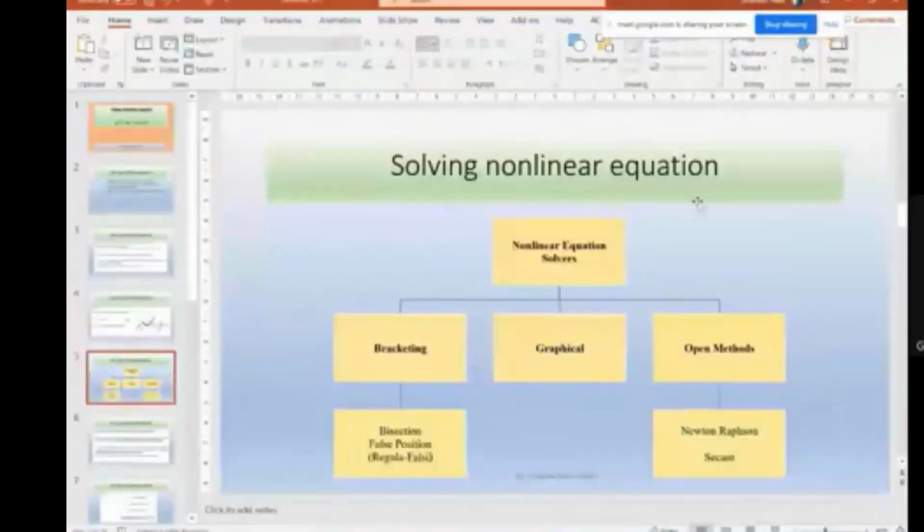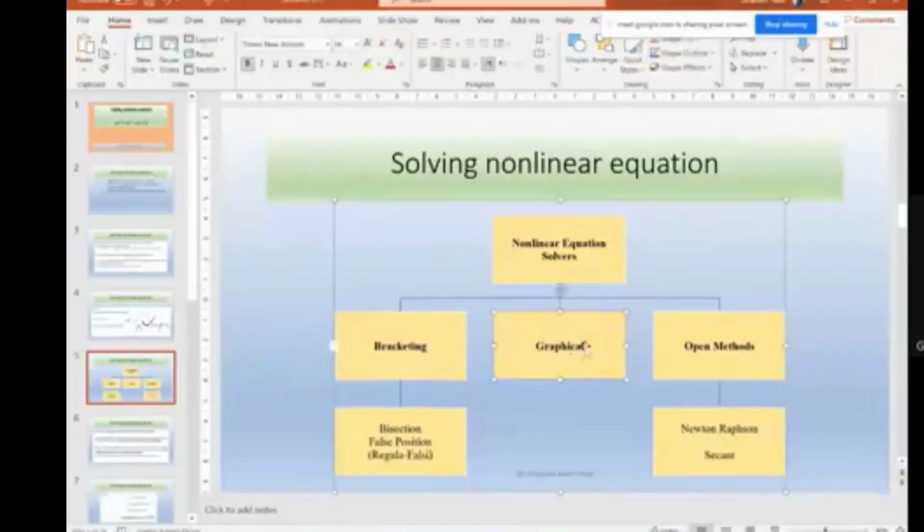To solve nonlinear equations, we have many ways. We have graphical, which is just plotting the equation and finding the intercept point.